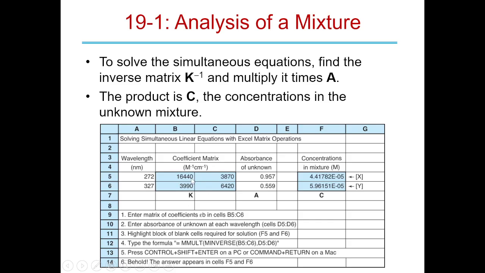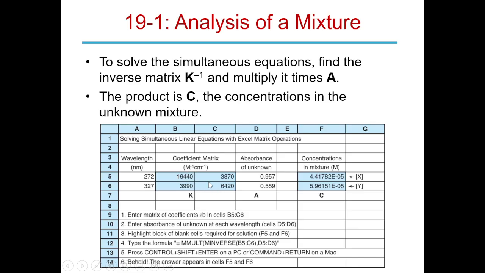So you'd enter your matrix here, which are in these cells. You'd enter the absorbances of the unknown at each wavelength, which are these cells here. You would then highlight the block of blank cells right here that you want filled, right? You would then type the formula equals MMULT, parentheses, MINVERSE, B5:C6.